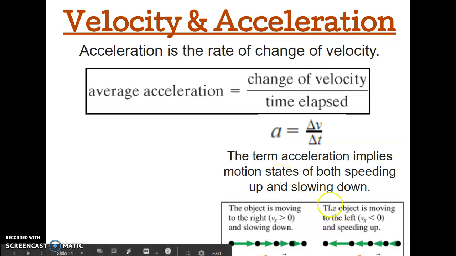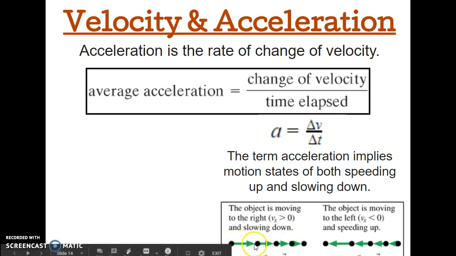And these are dot diagrams that we'll be talking a lot more about. Basically, these dots show the position of the object, whatever object we're talking about. These dots are showing me where the object is at every second. So if the object is here, then it's moved here, then a second later is here, another second later is here.